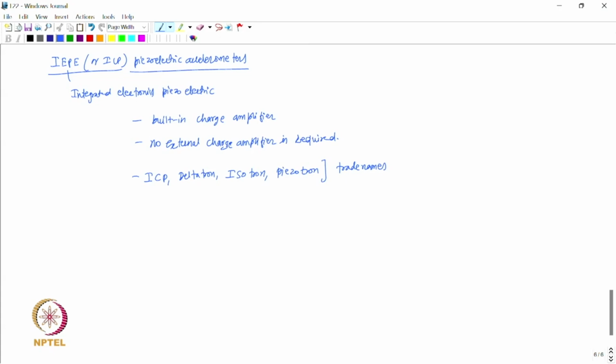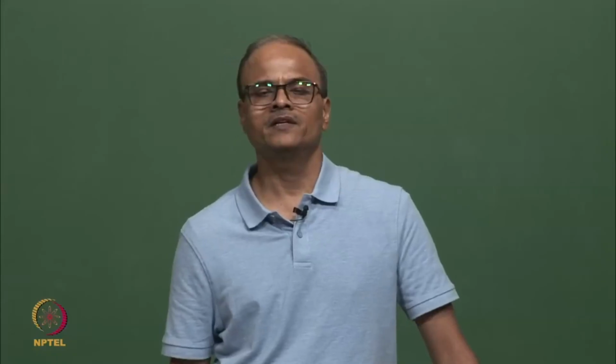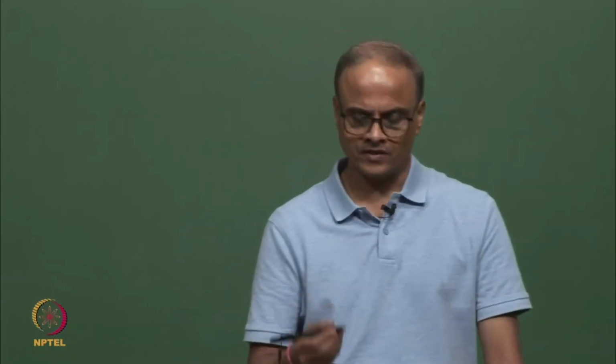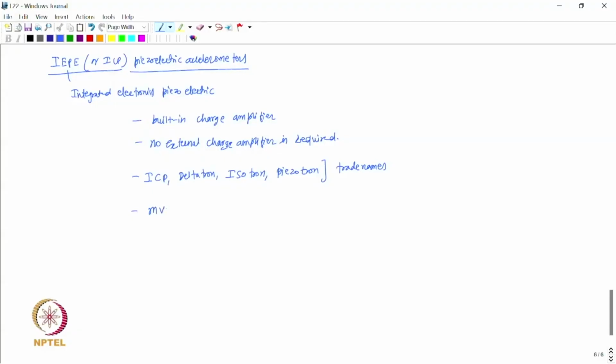For these accelerometers the output is directly a voltage signal, and that is why the sensitivity is expressed in millivolts per meter per second square, or millivolts per g of acceleration.